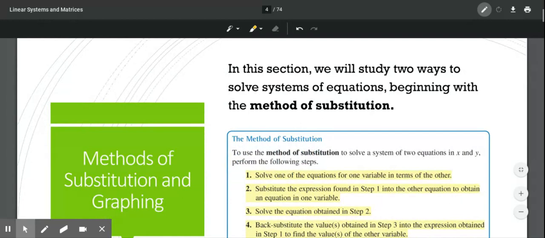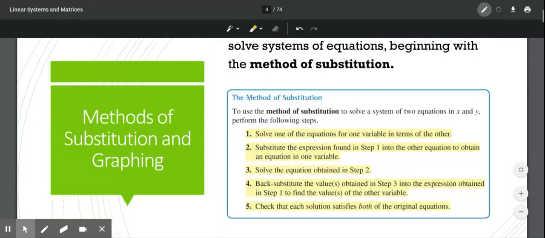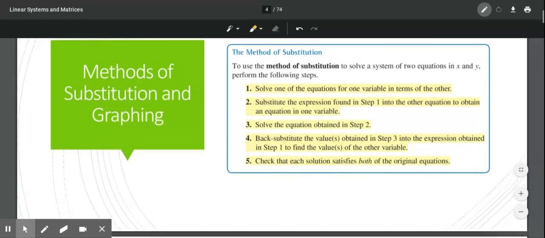But here are the methods for solving systems using substitution, where you solve one of your equations for one of your variables, and then you substitute that into the other equation and solve for the remaining variable, and then you have to go back and substitute back in to find the other variable.